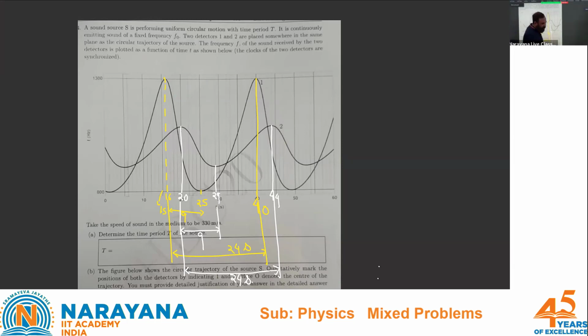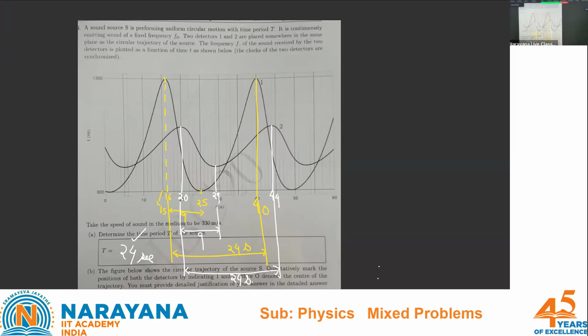So for both the people, the first speculation seems simple to me. When he asks the first question, what do you think is the time period of the source? The first answer seems to be 24 seconds. If I am moving on a circular path, the instance when my friend receives maximum for any detector, whether he is inside or outside, for outside it is very simple: your tangent is directed towards him.